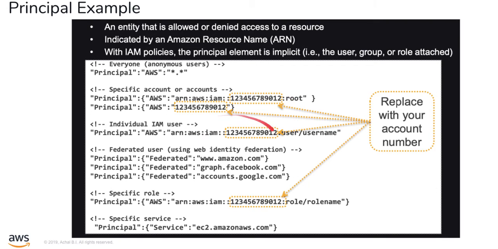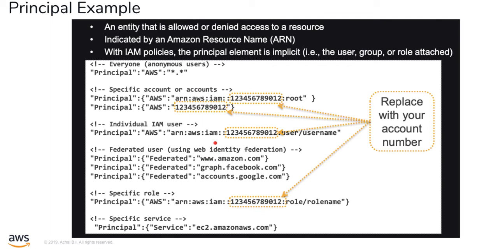Or if you want an individual user, you could say user slash username here. Or if you have federated users, there are a lot of principals here that policies could attach to. It can be anything under AWS: the root account, or something generic in nature.